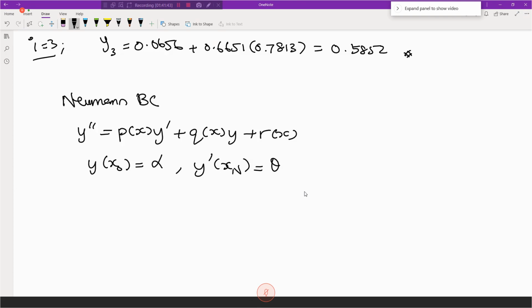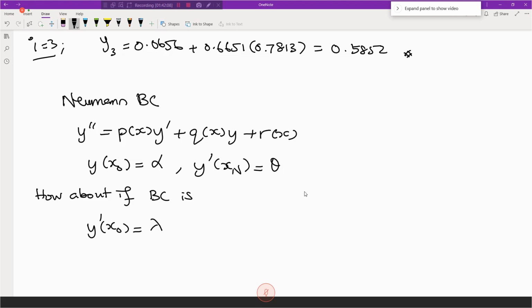So how about if your condition is y prime at x0? We are using, if I'm not mistaken, another symbol, maybe lambda.